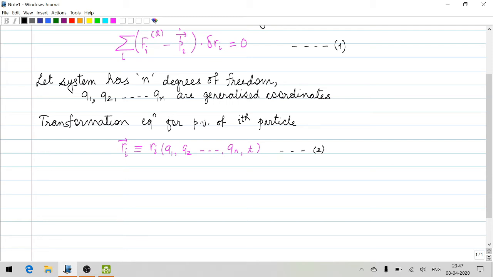So any small change in generalized coordinate will bring out small change in Ri as well.